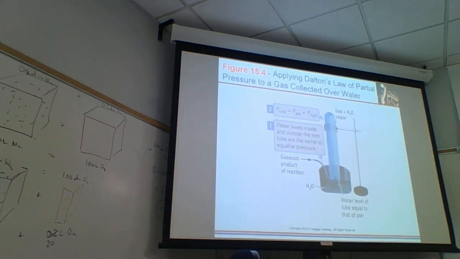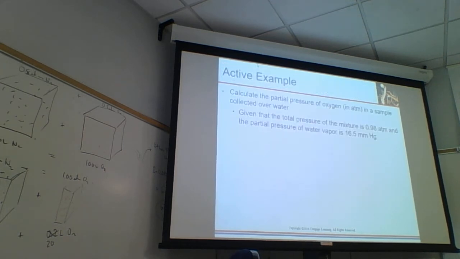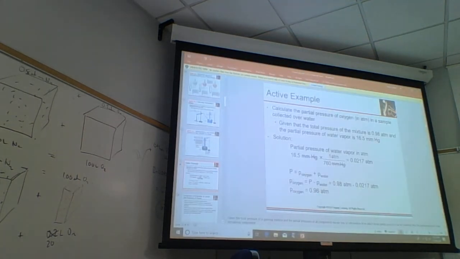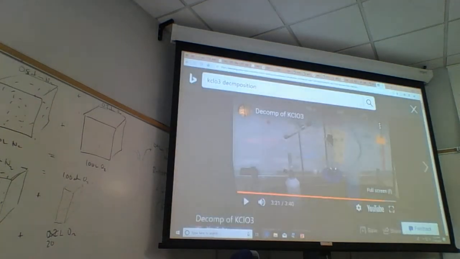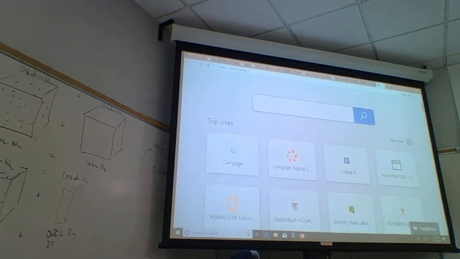And so typically what we do is we use the partial pressure of water out of a table. This would be like a humidity table. Let's take a look.